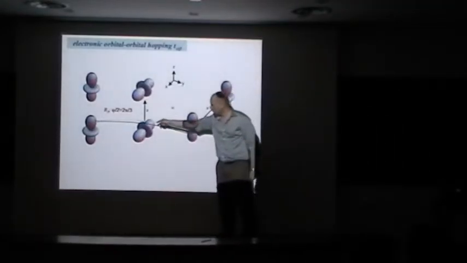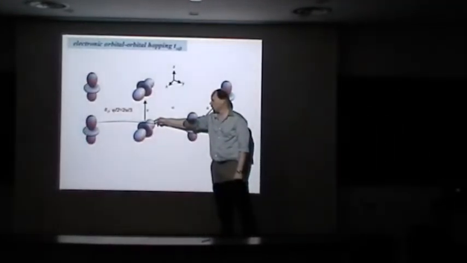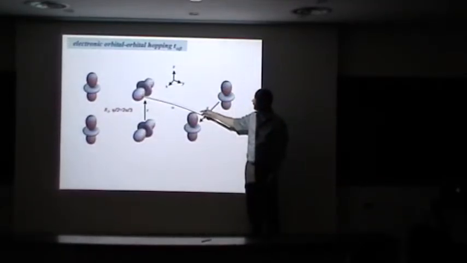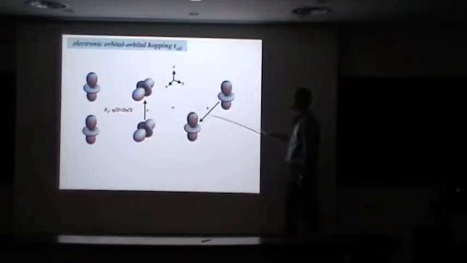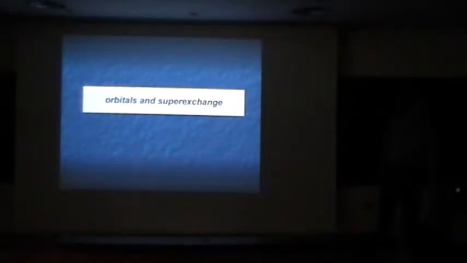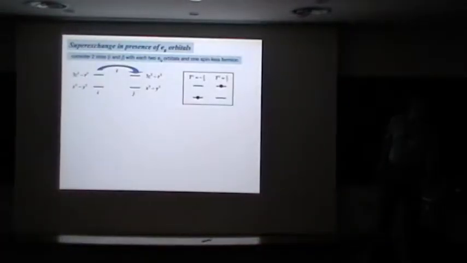So I can take my original orbitals, rotate them, and actually generate the hopping of these orbitals along another axis. Okay, so that's nice. How does this influence superexchange?